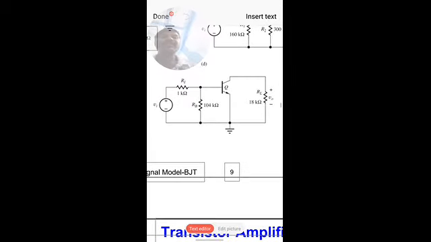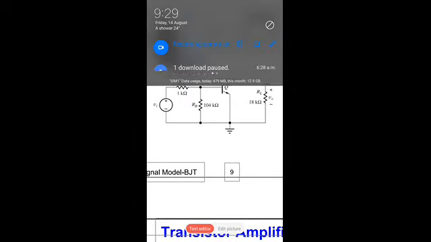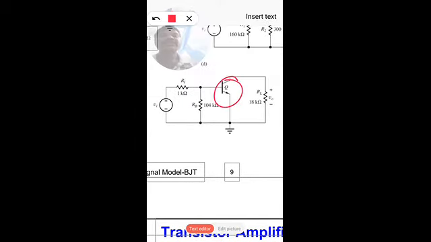Then after this we replace the transistor with its H parameter model. This transistor is now replaced by its common emitter H parameter model.